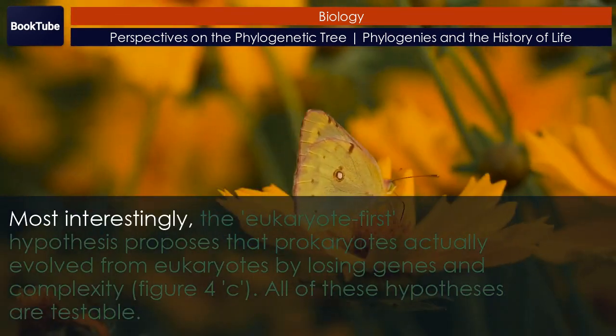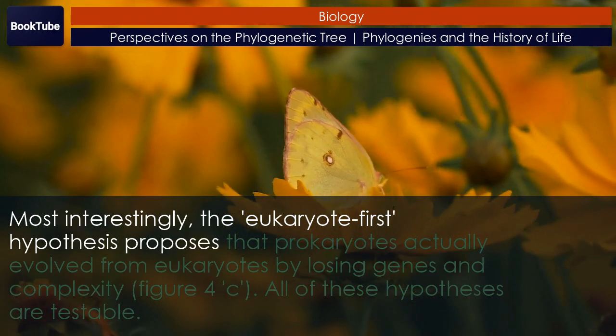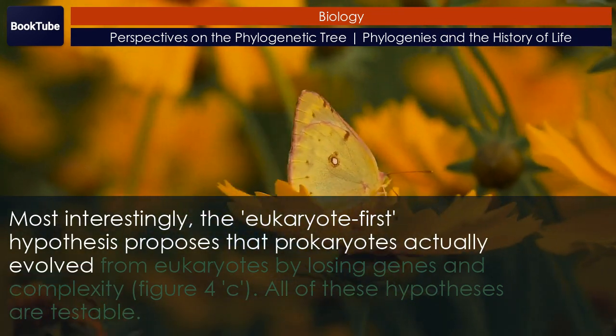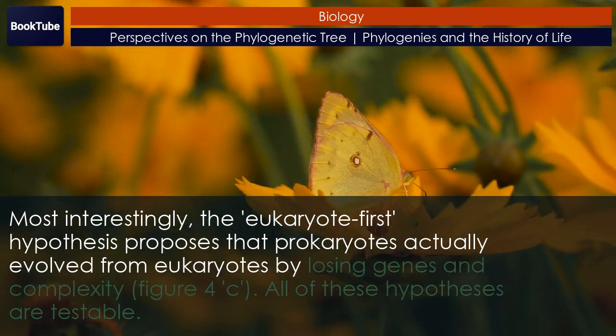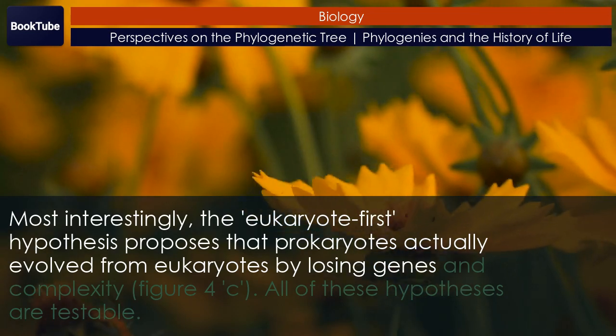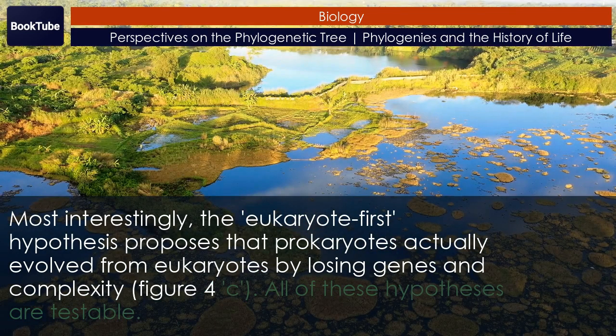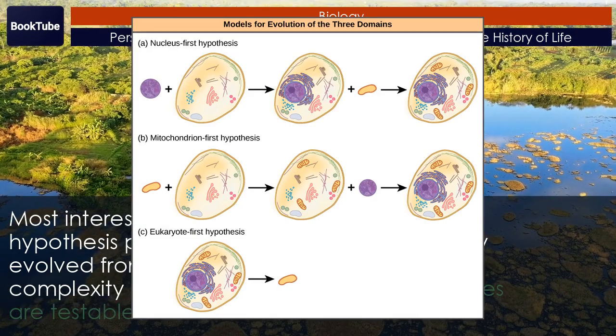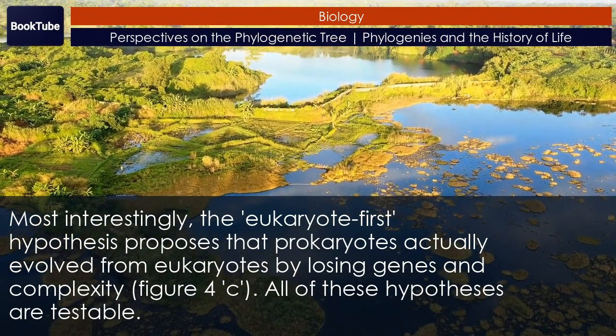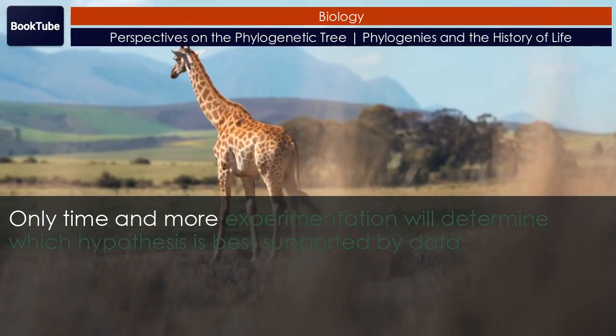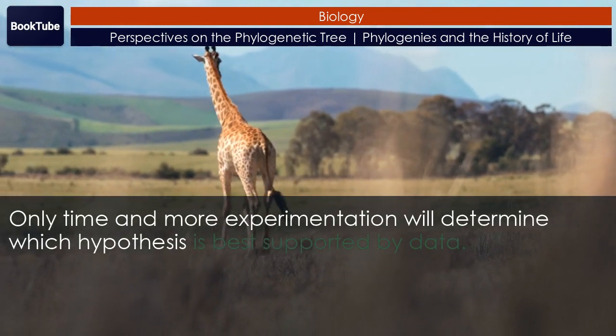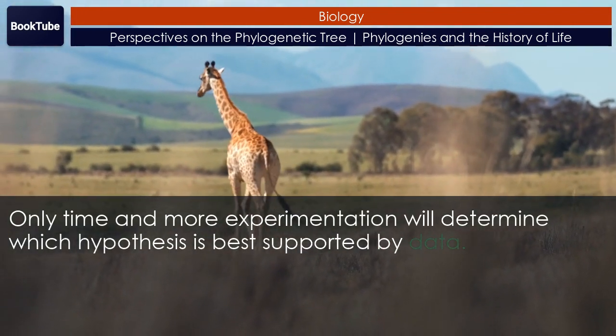Most interestingly, the eukaryote first hypothesis proposes that prokaryotes actually evolved from eukaryotes by losing genes and complexity. Figure 4c. All of these hypotheses are testable. Only time and more experimentation will determine which hypothesis is best supported by data.